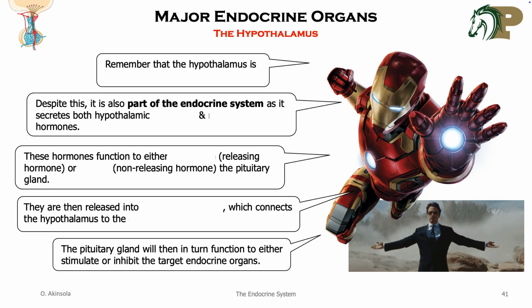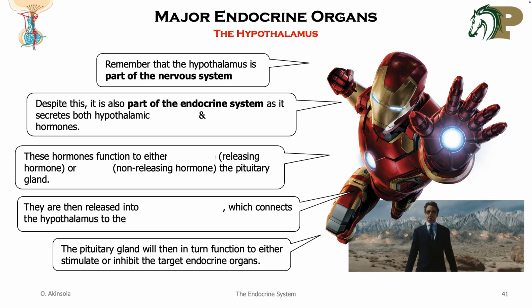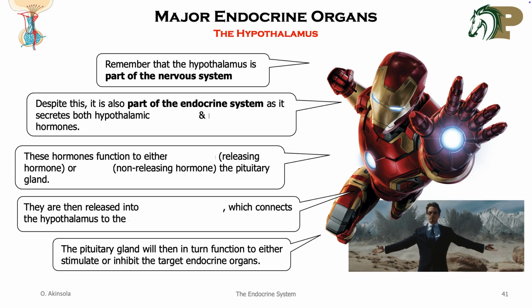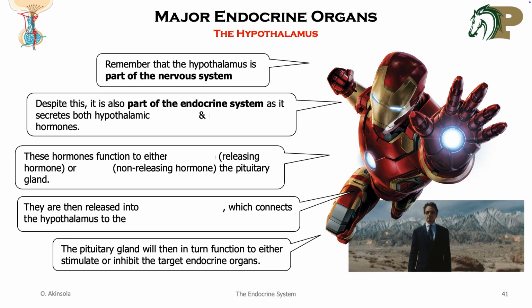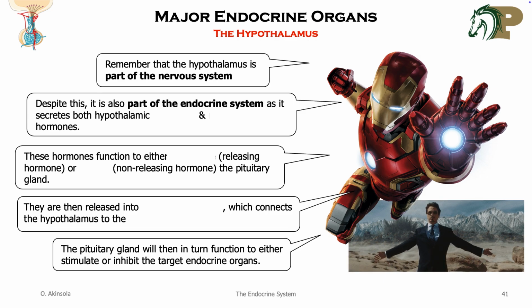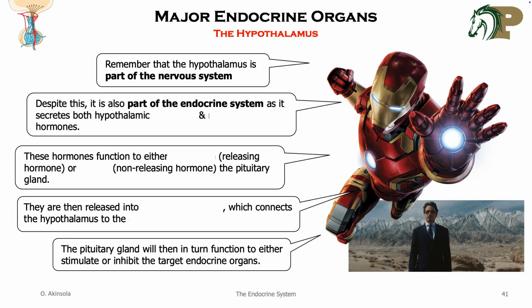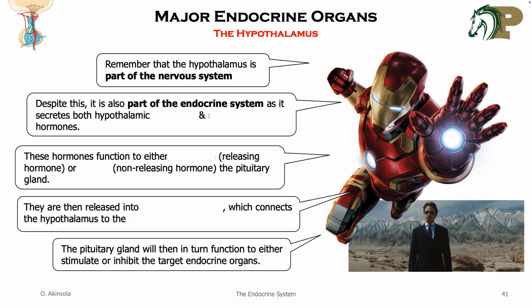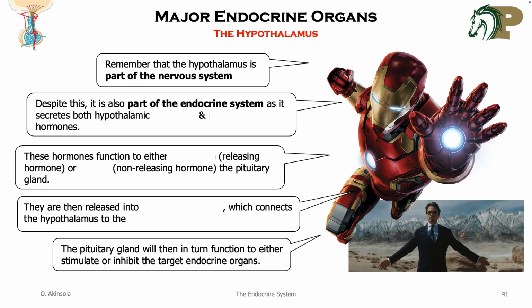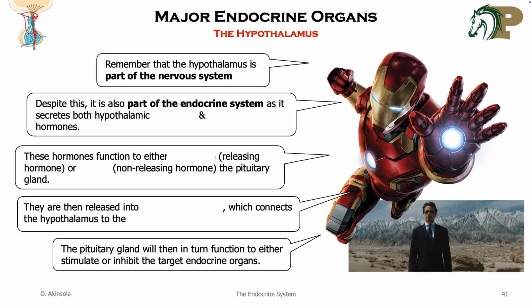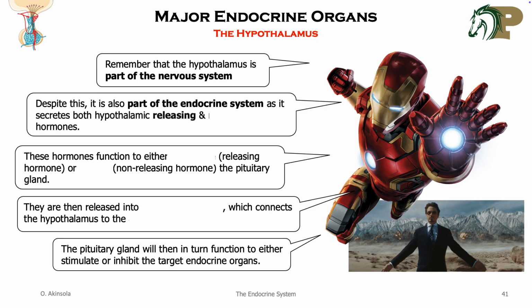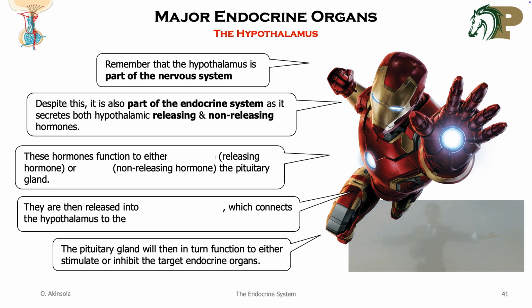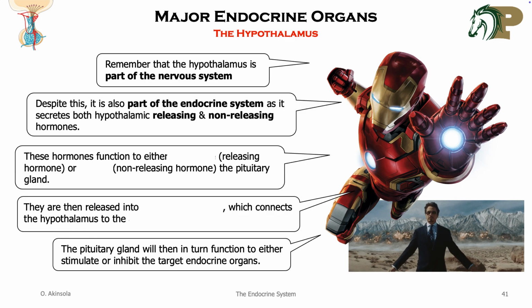Remember that the hypothalamus is part of the nervous system. So this is part of that nervous system, endocrine system integration and collaboration. Despite this, it is also part of the endocrine system as it secretes both hypothalamic releasing and non-releasing hormones.